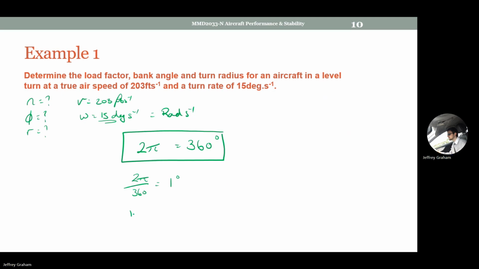So 15 times 2 pi over 360 is the equivalent of 15 degrees, which is about 0.262. Or, if I believe correctly, that's about 1/12 of pi.